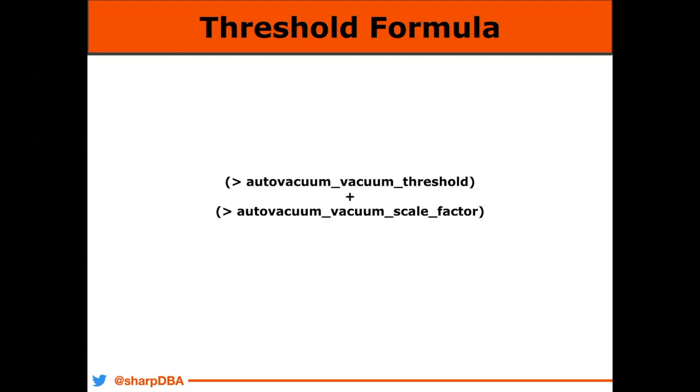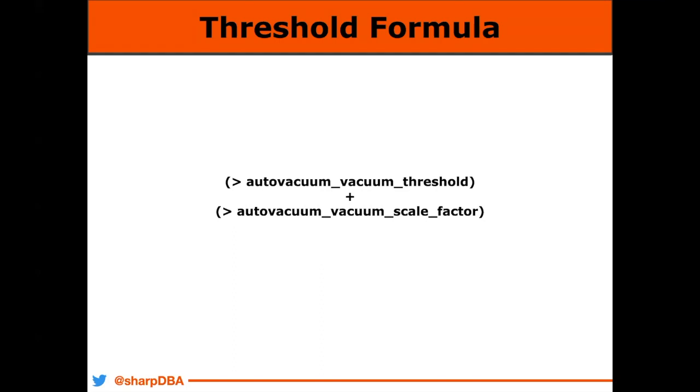But I have seen a few instances where both the autovacuum vacuum threshold and the autovacuum vacuum scale factor were reached, and it didn't necessarily trigger an autovacuum. That's because there were some other things at play, like the nap time and the cost delay, which I think was set weird in that database.